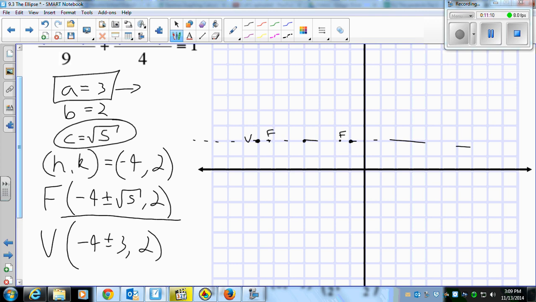That's my other vertex. And I know my minor axis is going to be here. Okay, and that's 2. So I add and subtract 2 to my K value. So then I'm going to get those values, which are 2 above and 2 below, and then I have enough information to graph my ellipse with my center at H and K.